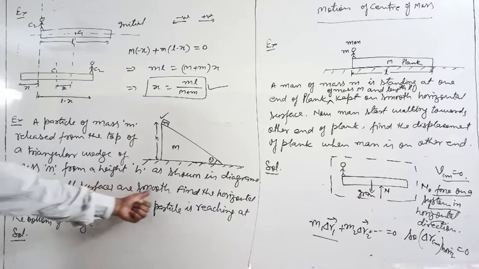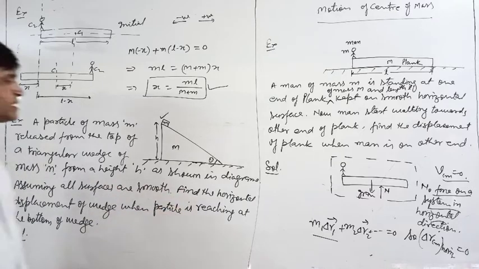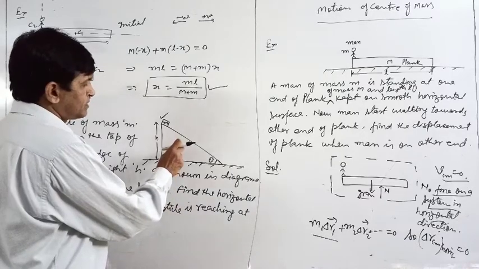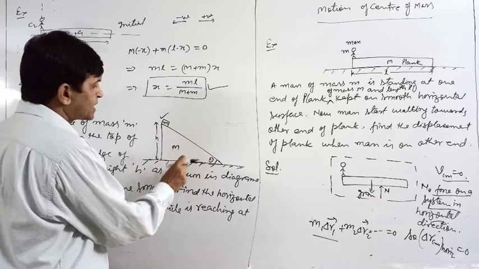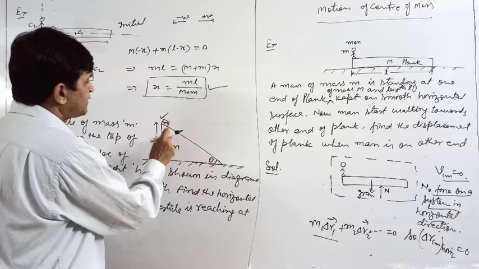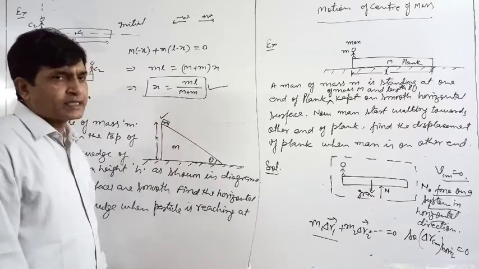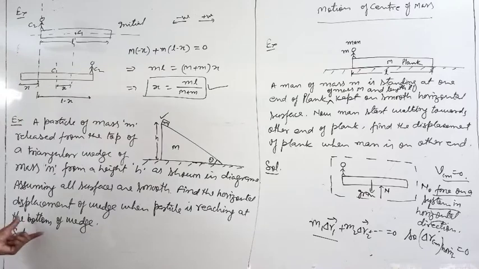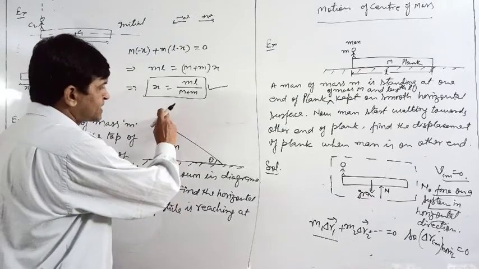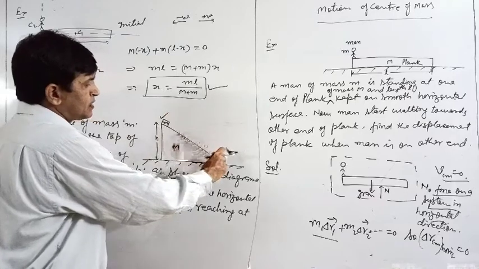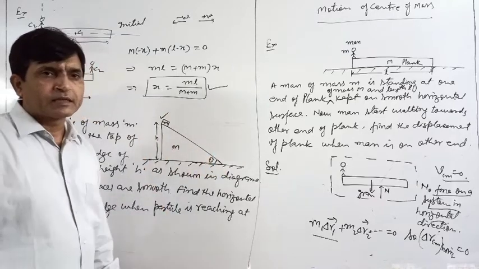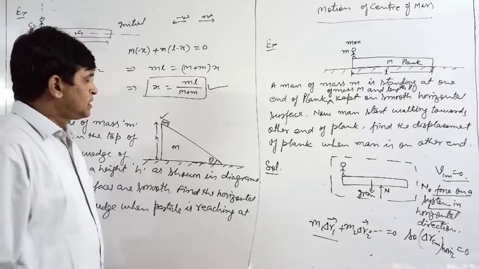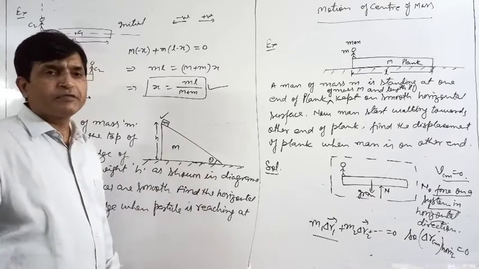Assuming all surfaces are smooth, all surfaces means the surface between wedge and ground, and between wedge and block or particle, all are smooth. As soon as it is released, it will start coming down, so the wedge also starts moving horizontally. Why will the wedge move?